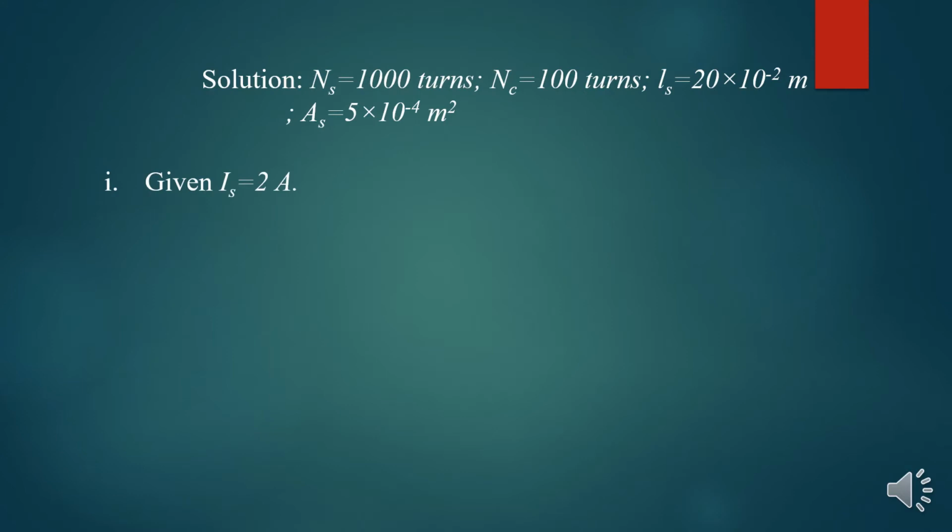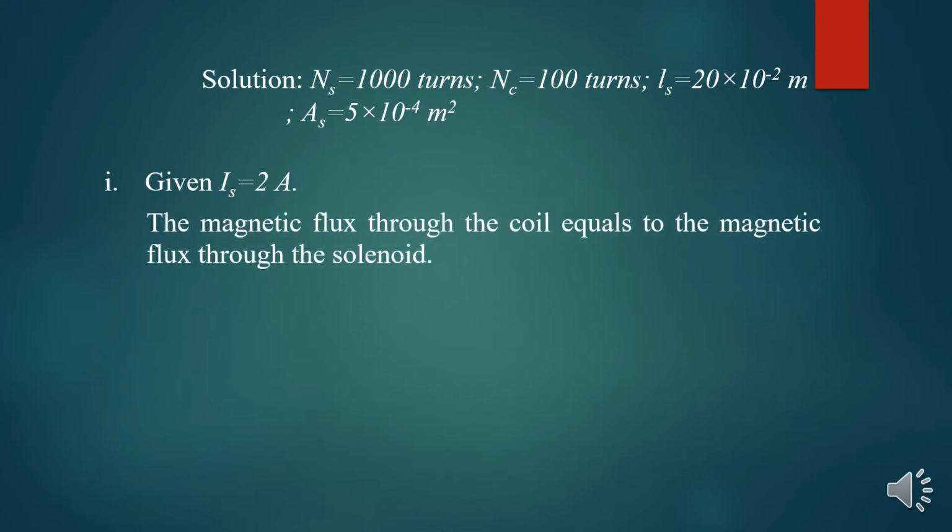Also given, electric current flowing in the solenoid is equal to 2 ampere. Then the magnetic flux through the coil is equal to the magnetic flux through the solenoid, because the coil is wound at the center of the solenoid. Therefore magnetic flux for the coil is equal to magnetic flux for the solenoid. Okay, we can calculate the value.